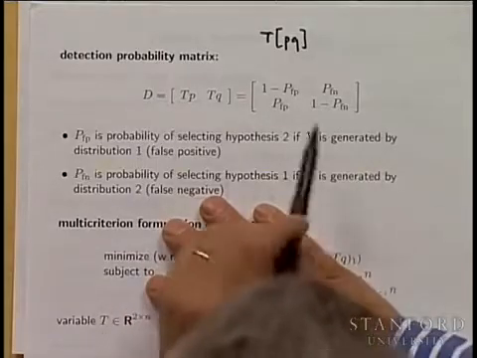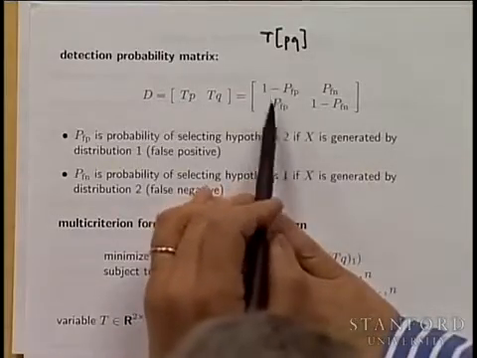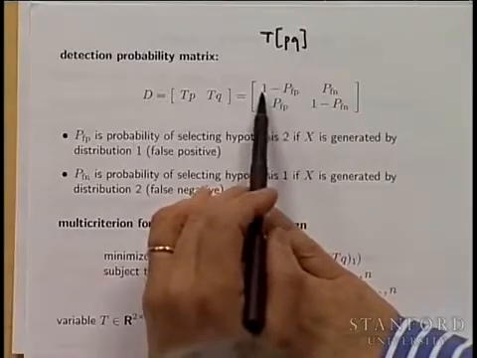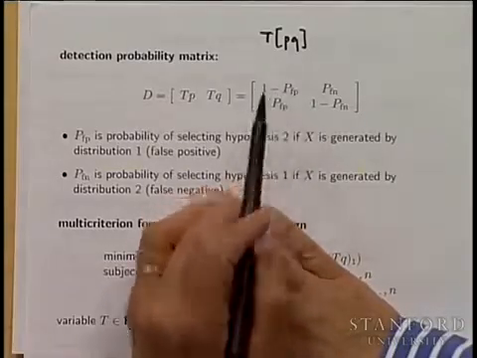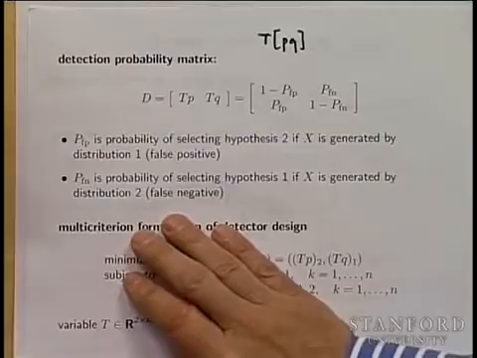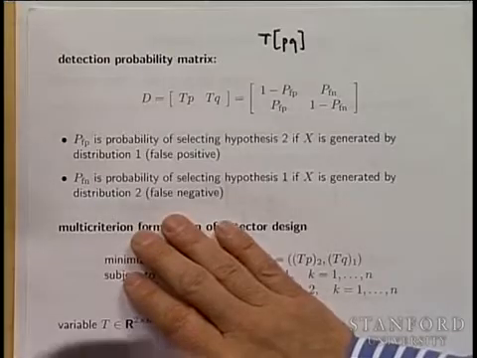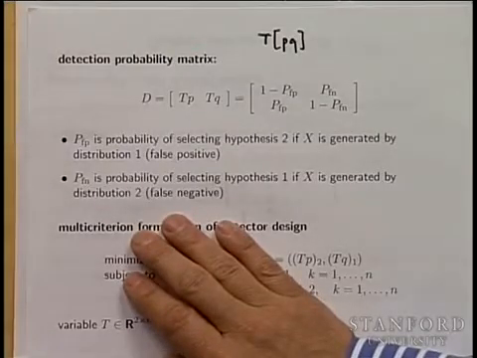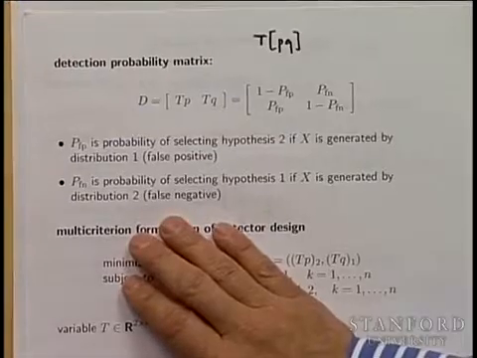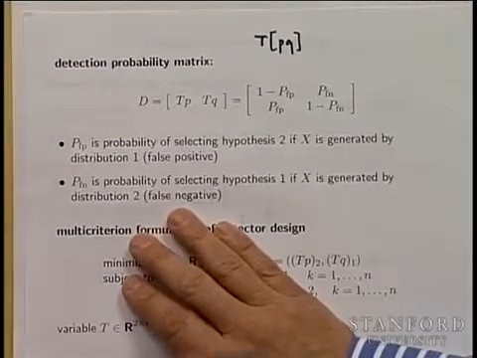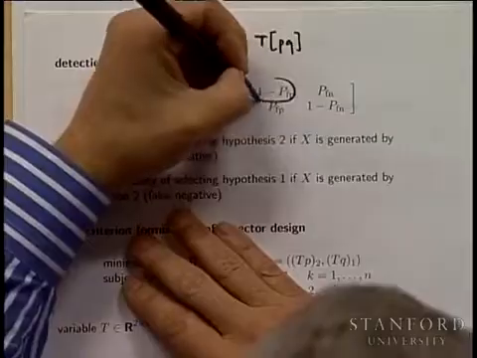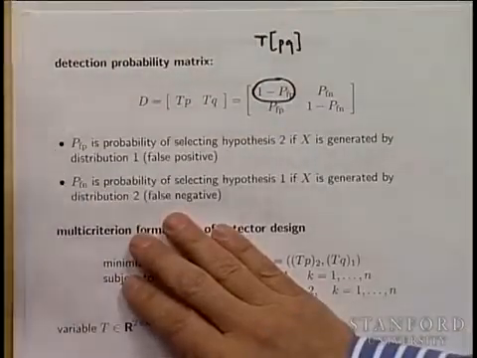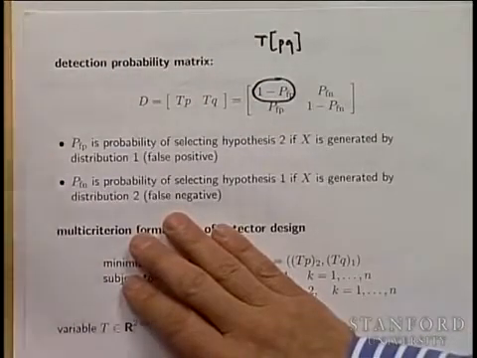And we could start with the 1-1 entry. The 1-1 entry is the probability that you guess hypothesis 1 is correct when in fact the sample was generated from hypothesis 1. So this entry is a good entry. It's an entry that you want near 1.